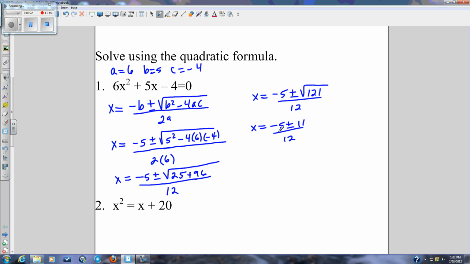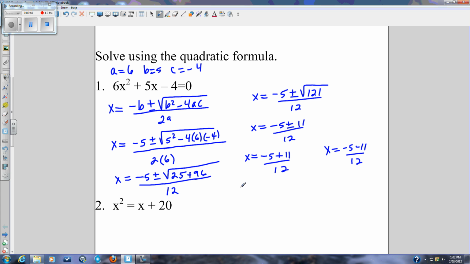And so now this plus or minus gives us two answers. And as you know, in most cases, we do end up with two answers when we have a quadratic equation. Much of the time we do. So we have x equals negative 5 plus 11 over 12, and x equals negative 5 minus 11 over 12.